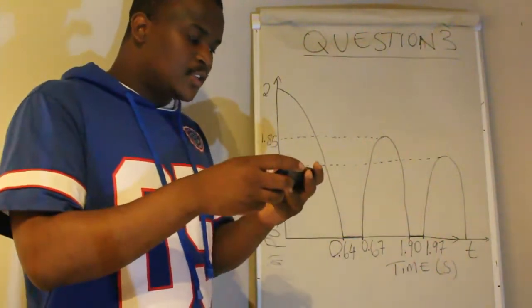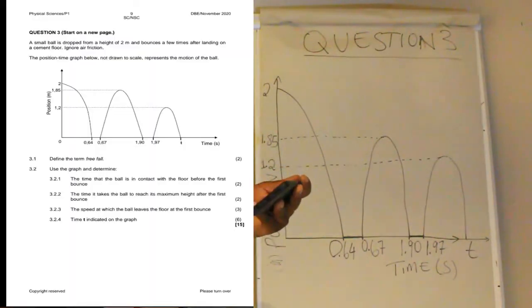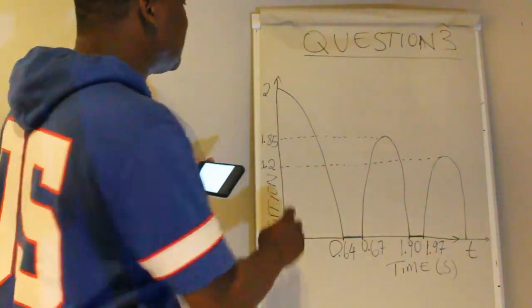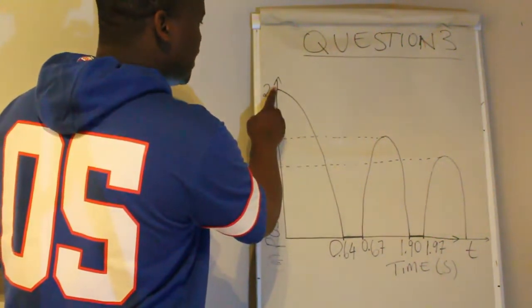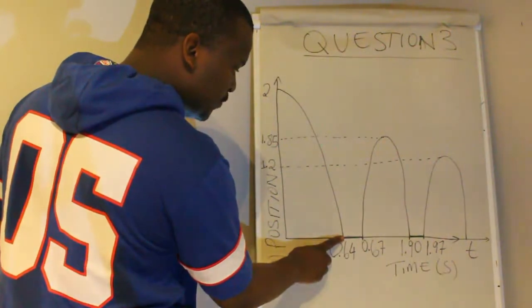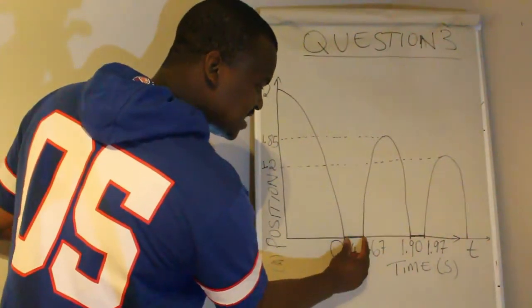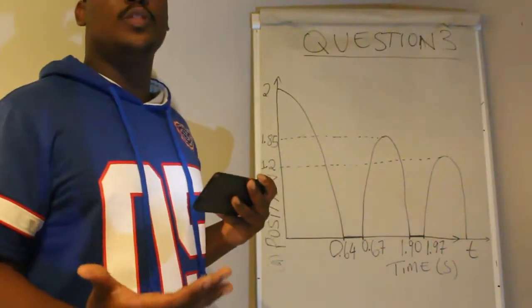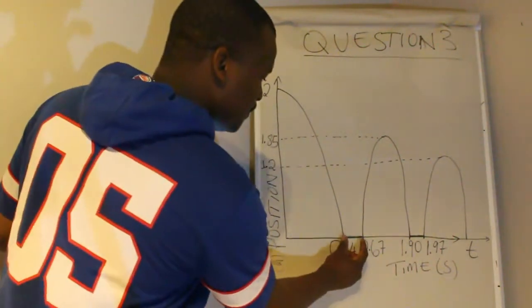So let's go to question 3.2. Use the graph to determine the time that the ball is in contact with the floor before the first bounce. So we said this ball is released here and it goes down, boom. And I said this time here is the time in which the ball is in contact with the floor, this one.